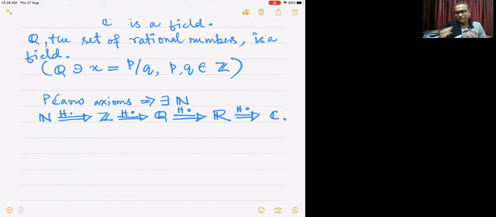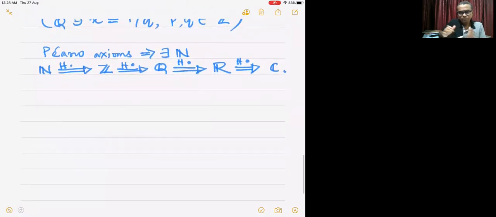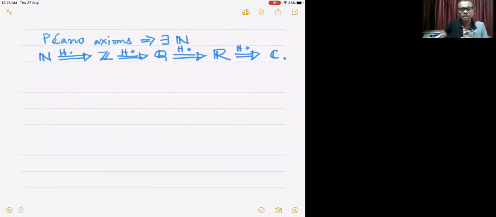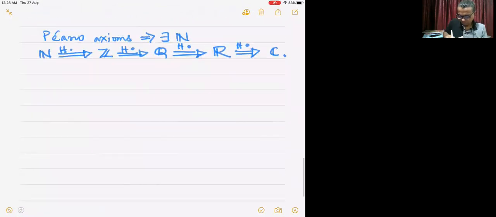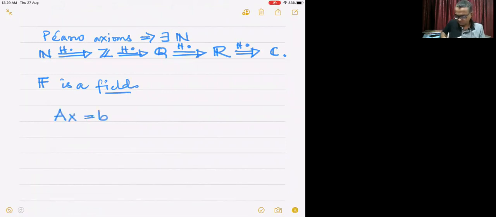Now, once we have these fields, before we come to the answer of this question whether they are all or not, say F is a field, an arbitrary abstract field. Now, if I look for AX equal to B, where A is an M cross N matrix with entries coming from F, B is a vector in F of size M, so we call it an M tuple.